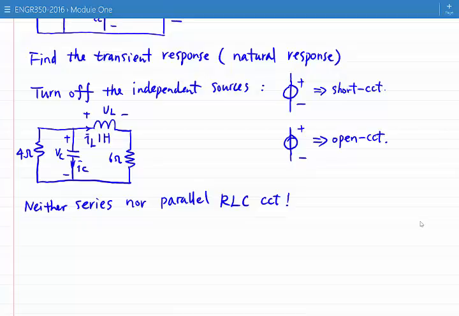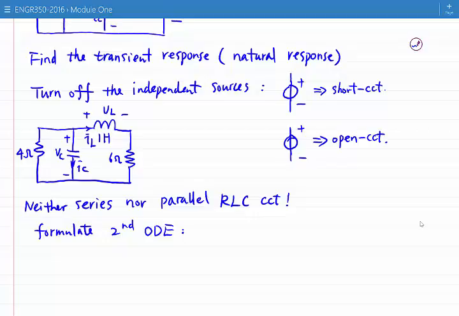So we cannot use alpha and omega 0 that we learned for parallel or series RLC circuits. So we have to build up a differential equation. Let's formulate a second order ordinary differential equation.